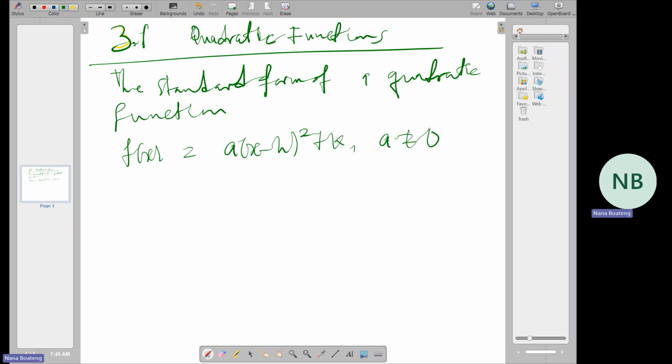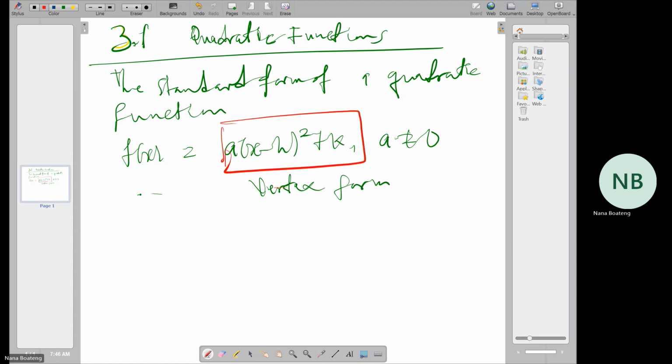The a is any number. We say this is in vertex form. When we write the standard form in this fashion, we say it is in vertex form.